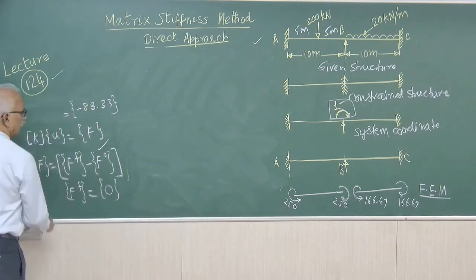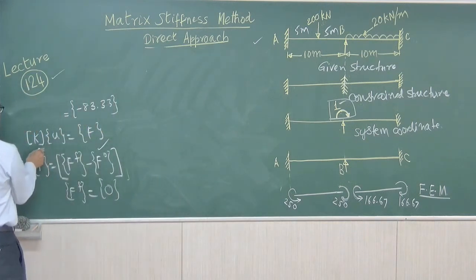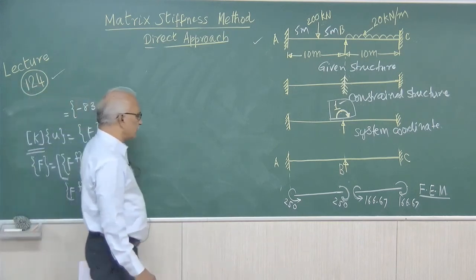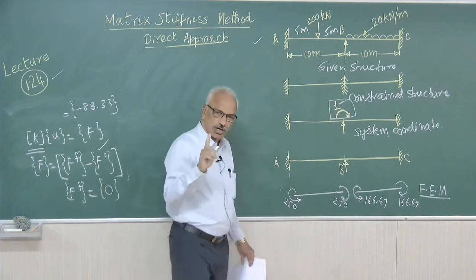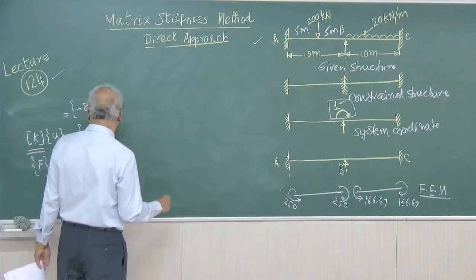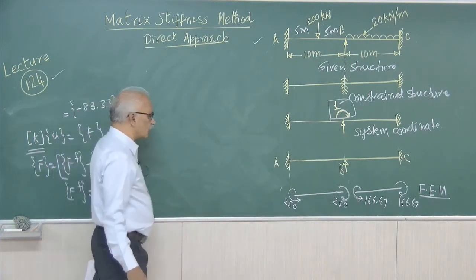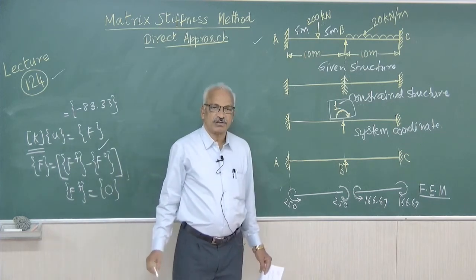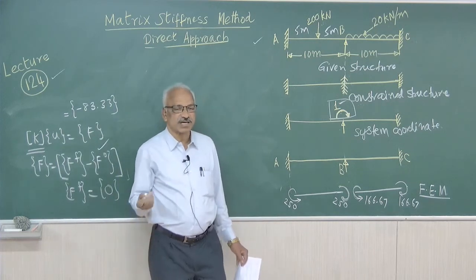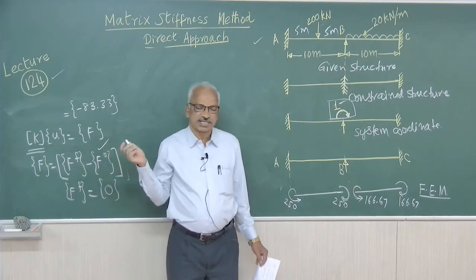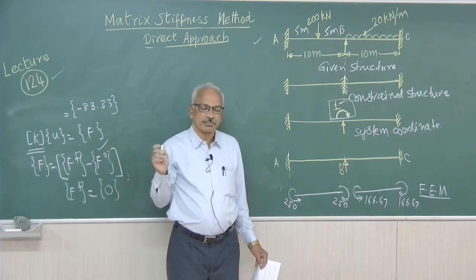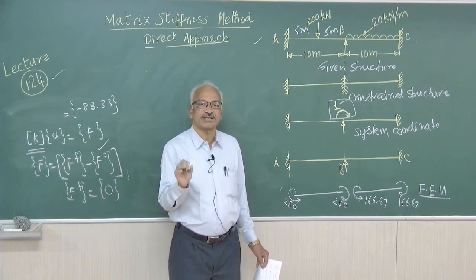So, coming to the left hand side, K, we have to find out the stiffness coefficient, and there is only one value because K equals 1. For getting that force K, we have to apply unit displacement along the coordinate.